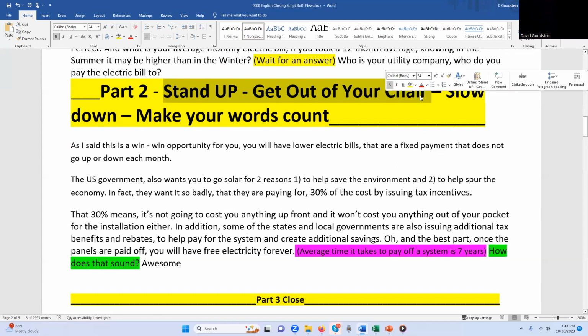Now, we want you to do that for a number of reasons. Number one, from a psychological standpoint, as a telemarketer, you're staring at your computer screen and you're imagining it's the person that you're speaking to. You're speaking to your computer screen. You are eye level with your computer screen.